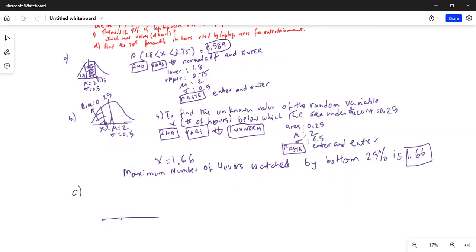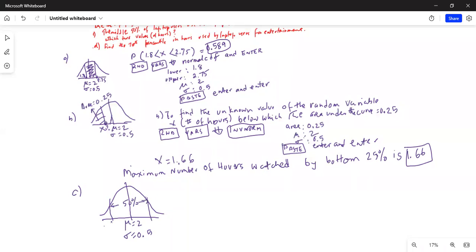So if you draw the bell-shaped curve, this is mu is equal to 2, sigma is equal to 0.5. Middle 50%, you draw two vertical lines. So this is your middle 50% area.